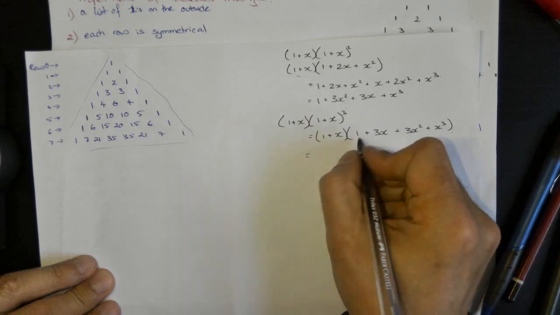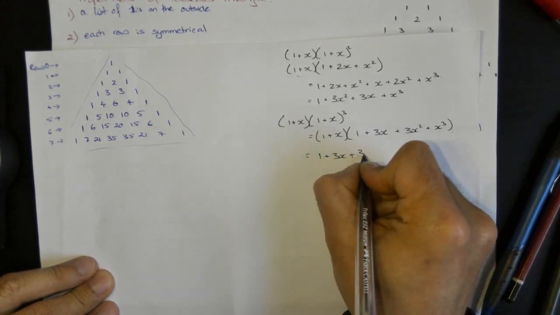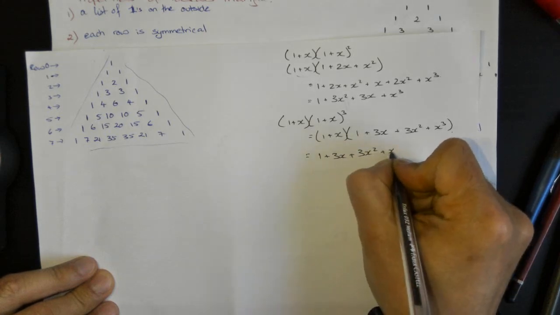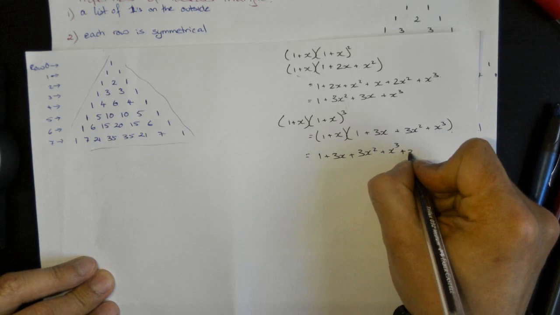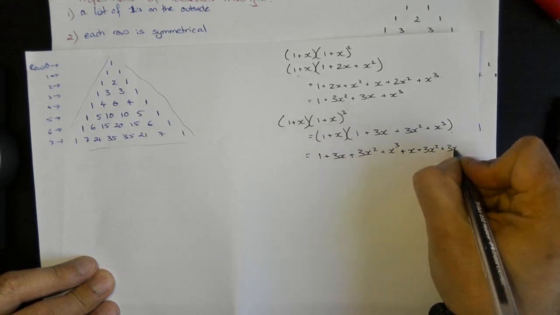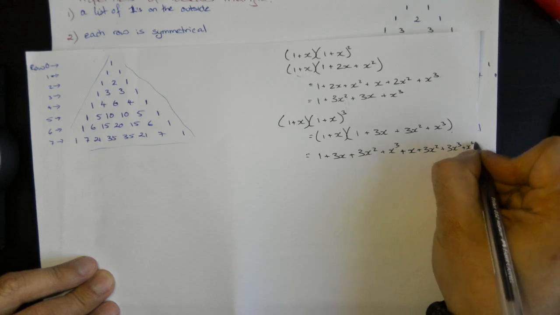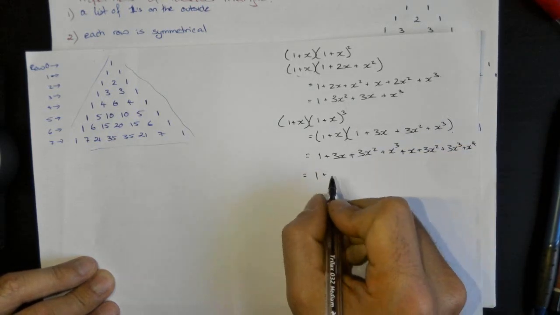So that's 1 multiplied by all of this, and then multiply all of this by x, so we get x plus 3x squared plus 3x cubed plus x to the power of 4.